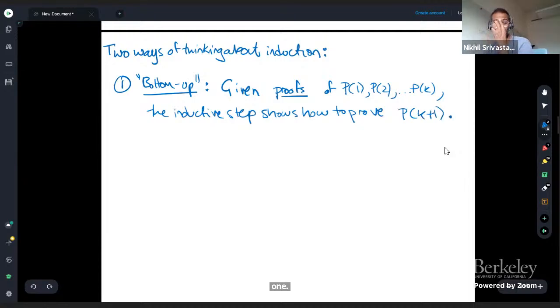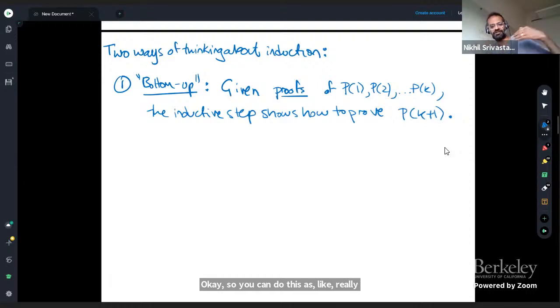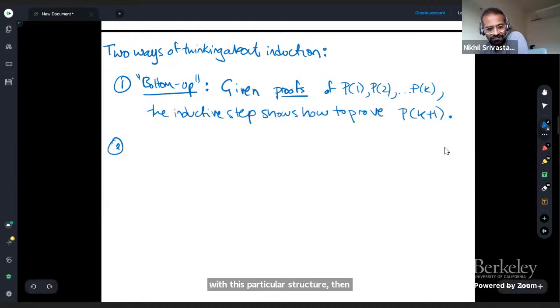Okay, so you can view this as, really, induction is telling us how to generate an infinite sequence of proofs in a systematic way with this particular structure. So this is like this notion of climbing up the ladder.